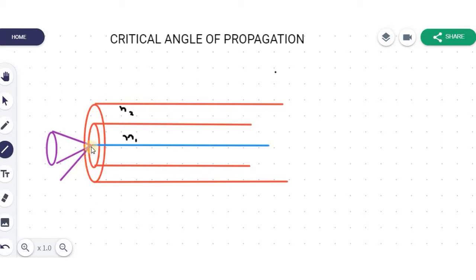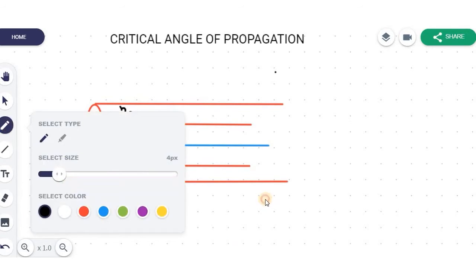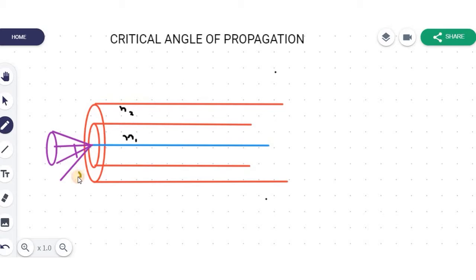This is the axis of the fiber, and the angle it makes here, I'll name it as theta. This angle is called theta.